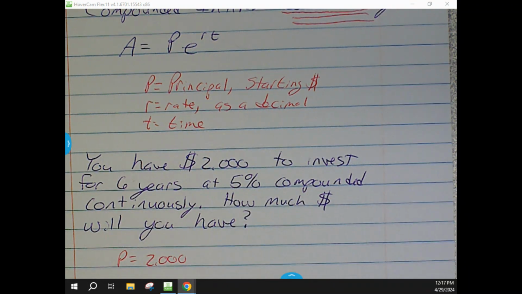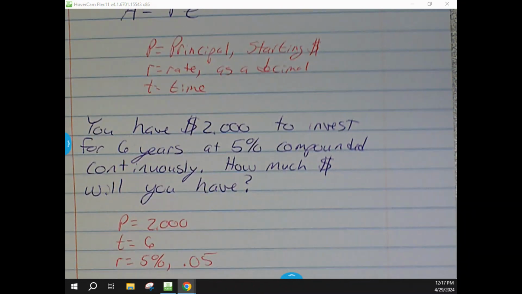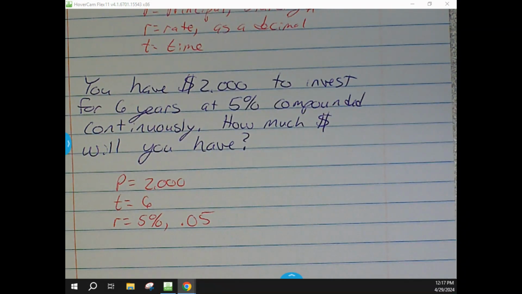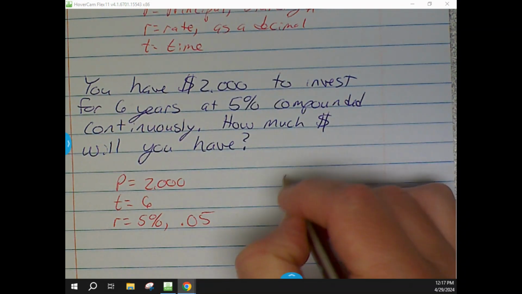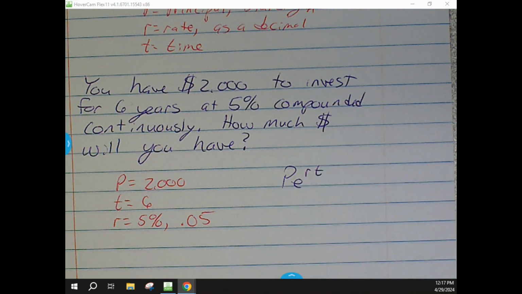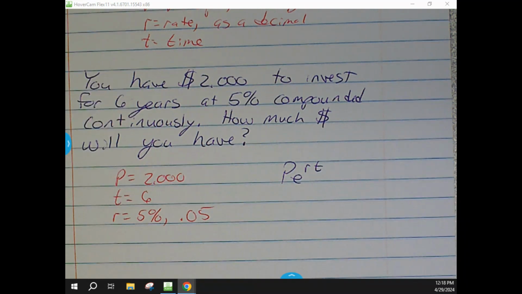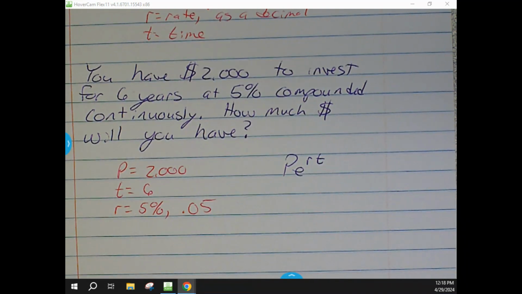All right, so the P is 2,000. Your time is 6 years, and your rate is 5%. Again, as a decimal, that's 0.05. Okay, and again, just plug it in. You don't really even have to write this down.